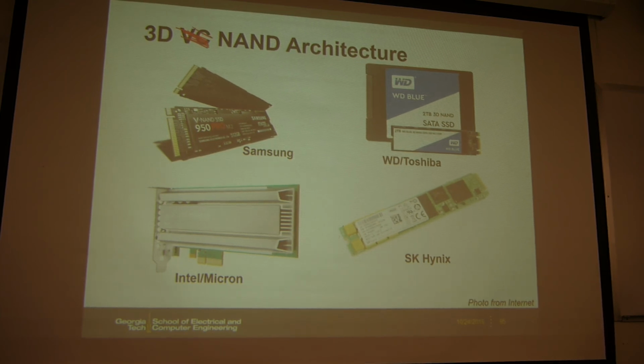Oh yes, they are all vertical channels. So all of them are vertical channel 3D NAND, and you can buy them. Today's SSDs, most of them are based on this 3D NAND.